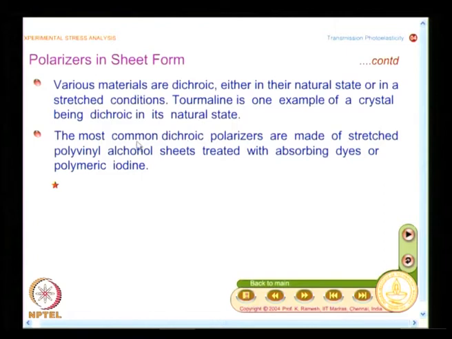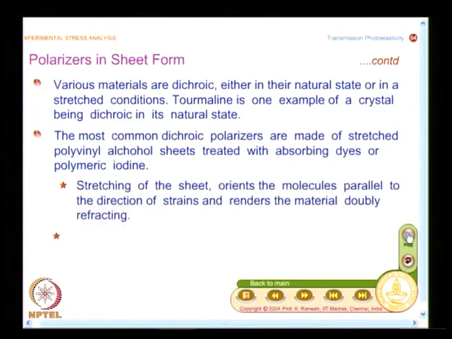And when I come to the common Polaroid sheets, they are made of stretched polyvinyl alcohol sheets treated with absorbing dyes or polymeric iodine. Let us look at what each of these steps really influences. Stretching of the sheet orients the molecules parallel to the direction of strain and renders the material doubly refracting.